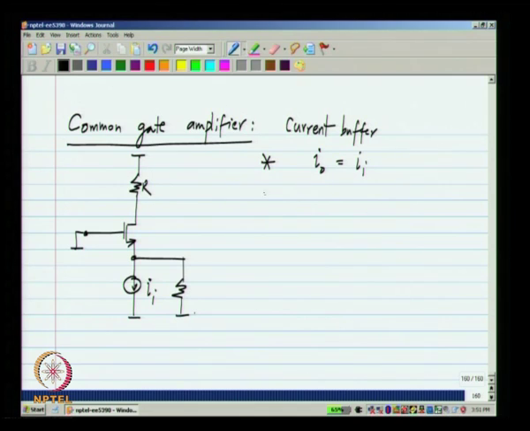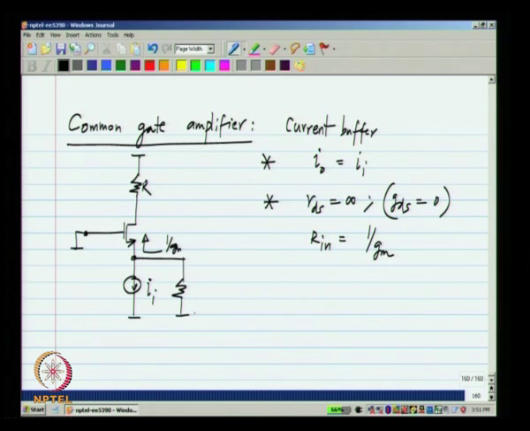Now, first of all, when RDS equals infinity, or the GDS of the transistor equals 0, the resistance looking into the source of the transistor, the input resistance, is just 1 by Gm. Okay. I have not included body effect, I will do that later and then see what the effect of that is.